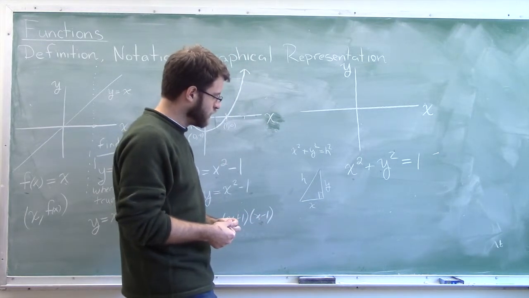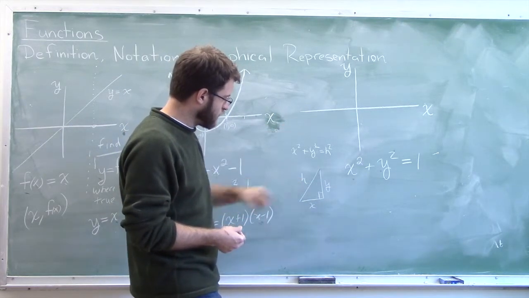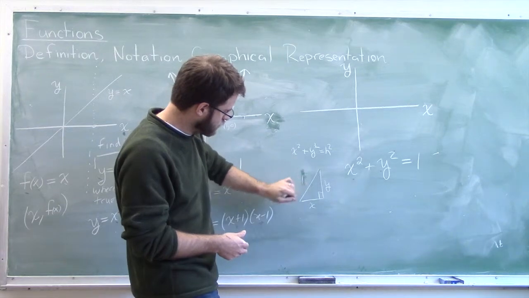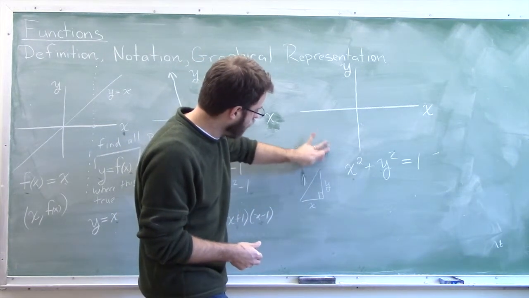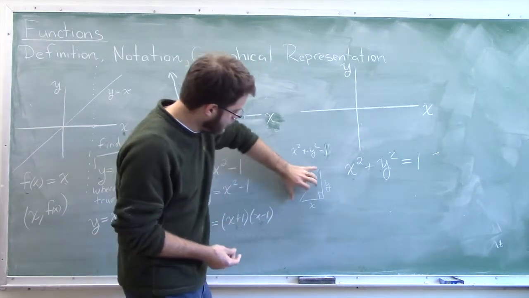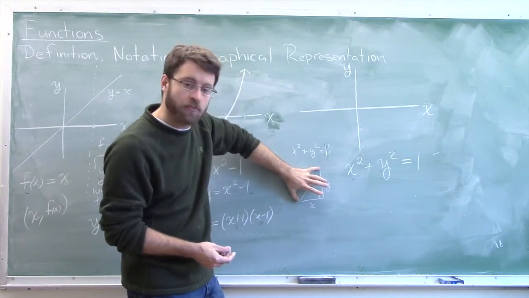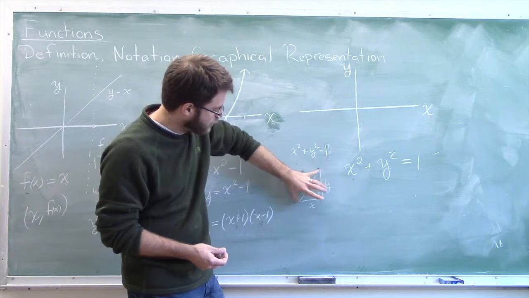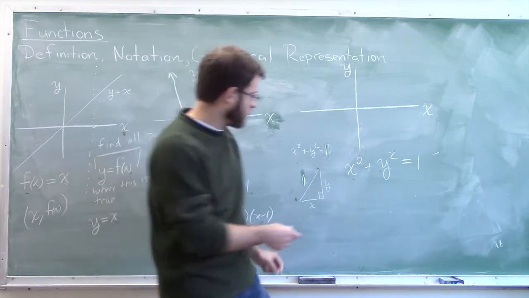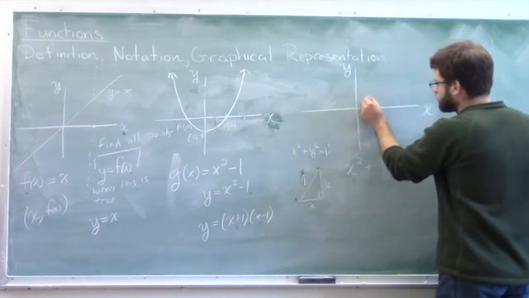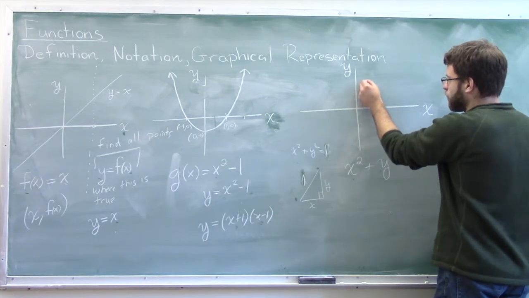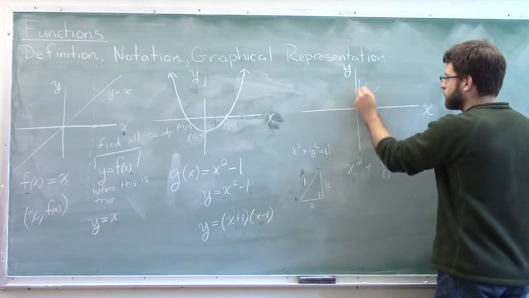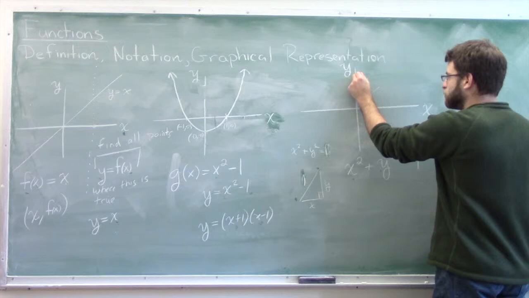And if I force this hypotenuse to be length 1, then I get a family of triangles that all have the same length hypotenuse. And if I look at all the different places that I can place that hypotenuse of 1, they're going to describe a circle.